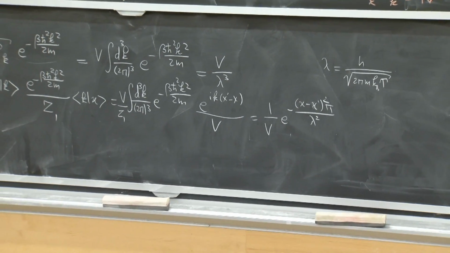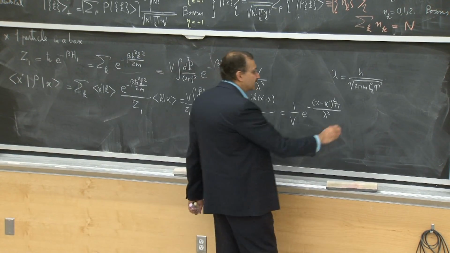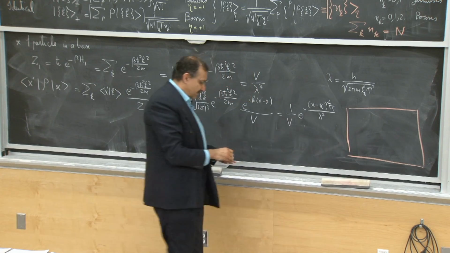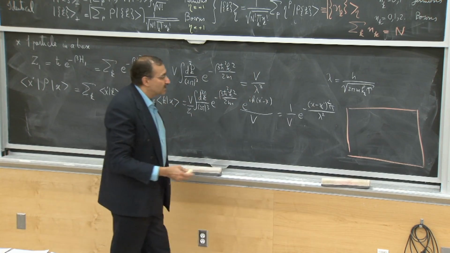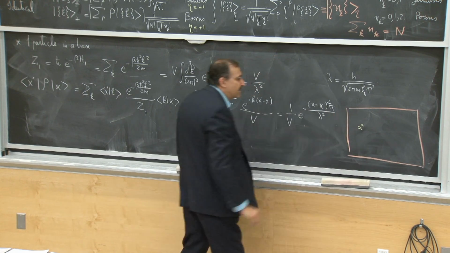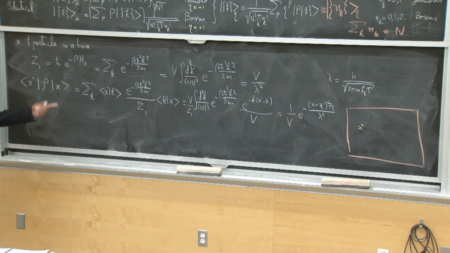So basically what we have here is a box of volume V. There is a particle inside at some location x. And the probability to find it at location x is the diagonal element of this entity.